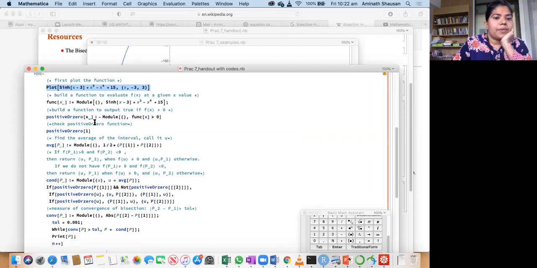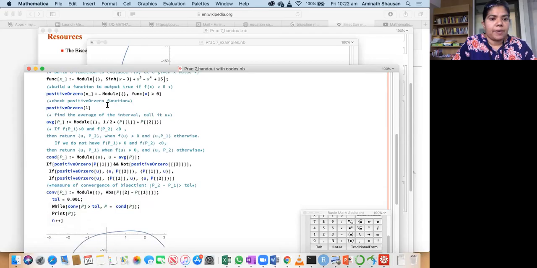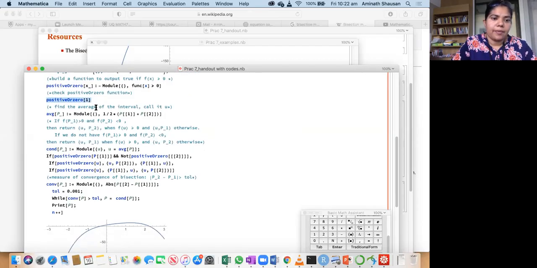The other thing he's done is build a function to output true if f(x) is greater than or equal to 0, and check whether it's true or not. In this part, find the average of the interval and call it u.